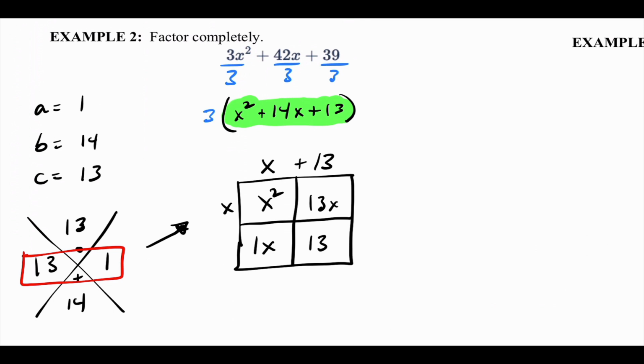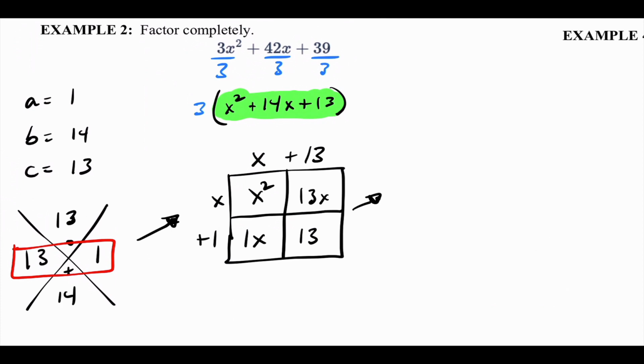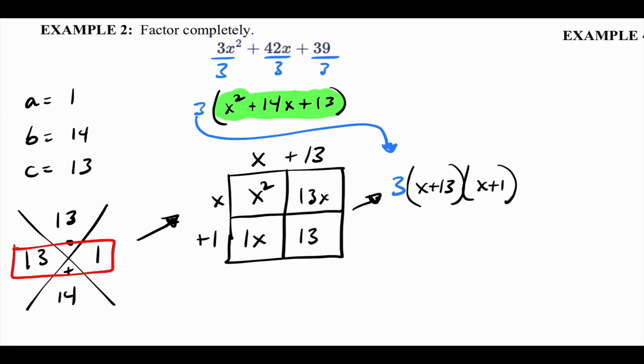We got a positive 13 and a positive 1. So I get x plus 13, x plus 1, and then I have to bring in the GCF that I had earlier. That's what you put in Delta Math, just like that.